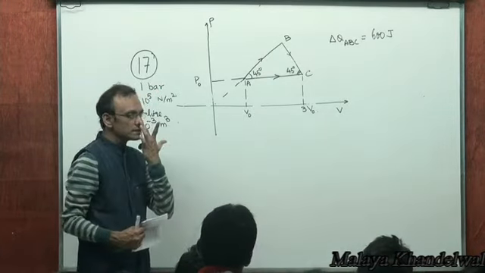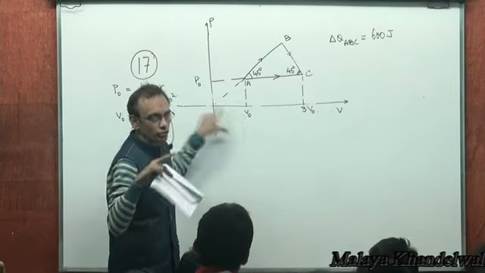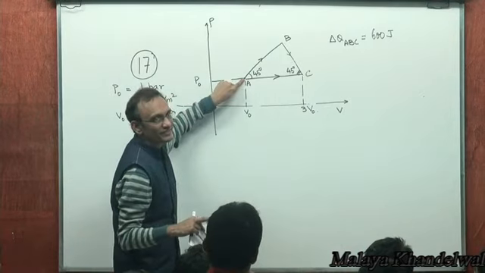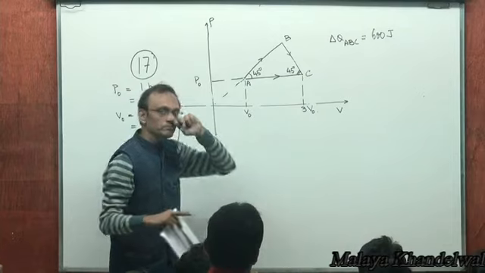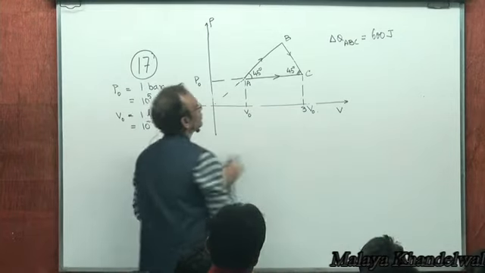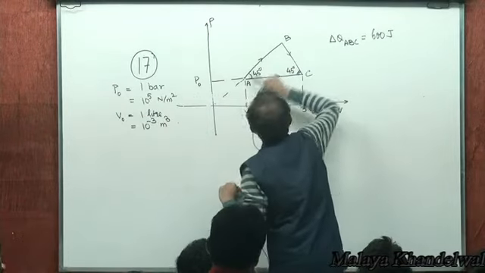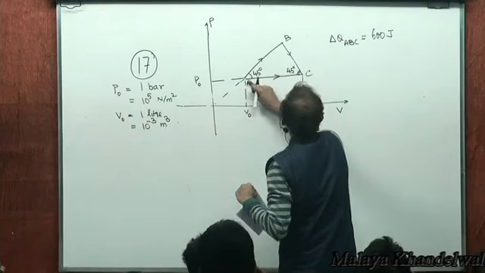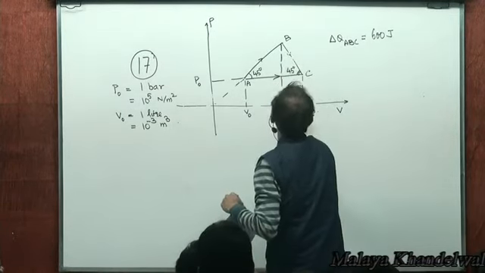See, in this case, P naught and V naught are both 1 unit in magnitude drawn on this scale, so this lies on P equal to V, making an angle of 45 degrees. Now, B lies between A and C. I draw a 45 degrees line from A and from C. Therefore, B must be horizontally halfway between A and C. The volume at B must therefore be 2V naught.